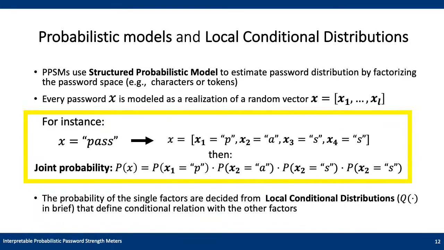Then, the joint probability of the full password is estimated by multiplying the probability of each assignment of the internal random variables. However, such random variables are not independent from each other, so their probability is computed in consideration of the configuration of the other variables in the string. In particular, these probabilities are controlled from so-called local conditional distributions.